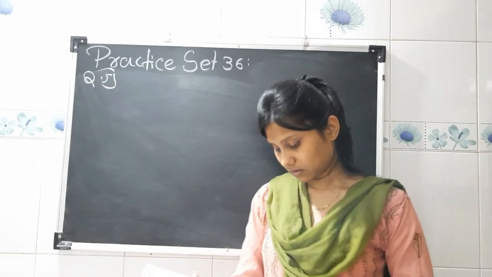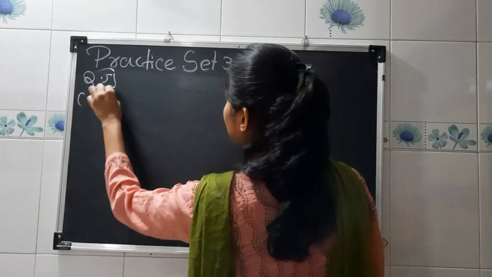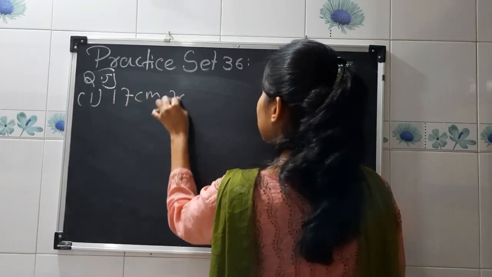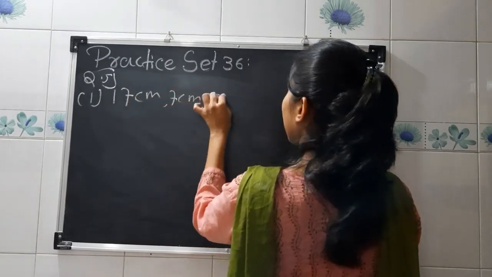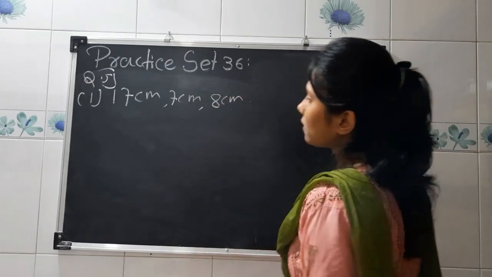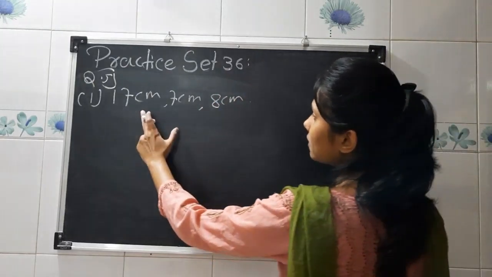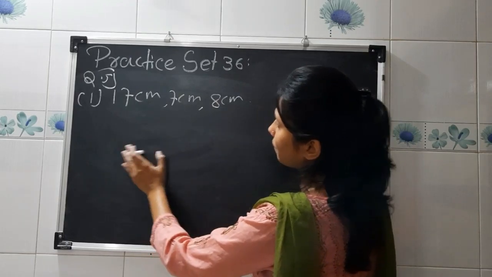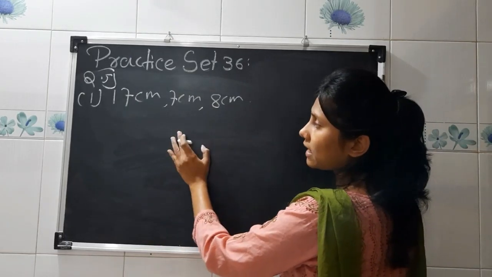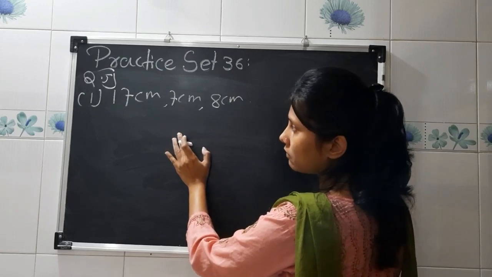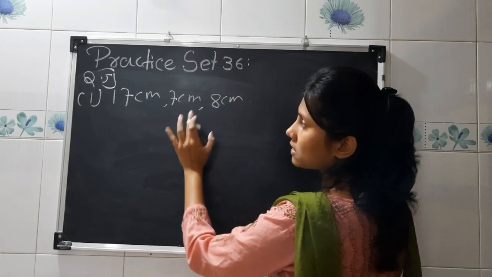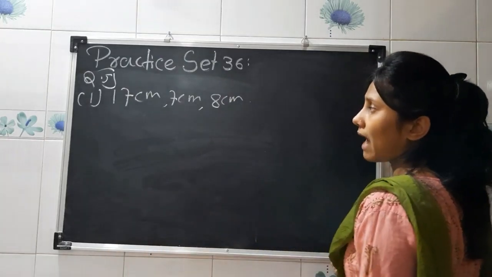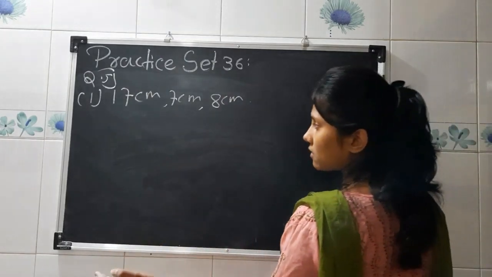Let us take the first one, 17 centimeter, 7 centimeter and 8 centimeter. Here we have to apply the second property which we have learned, that is, the sum of any two sides of the triangle should be greater than the third side.